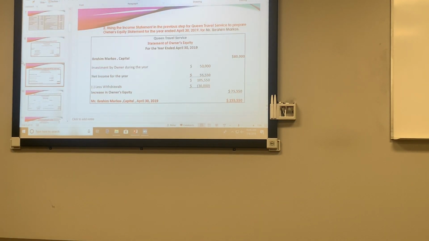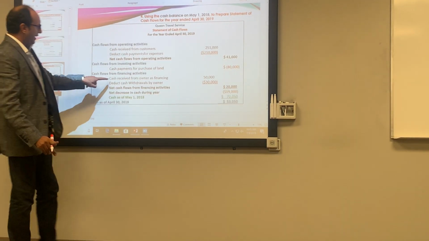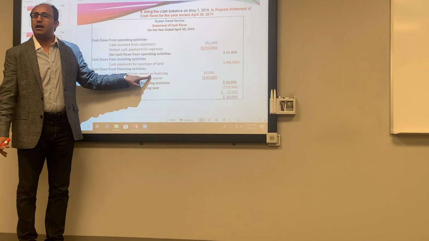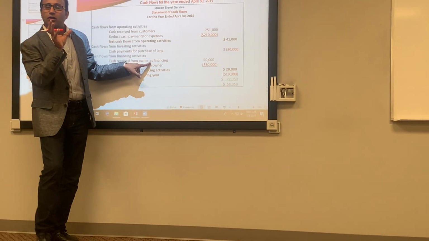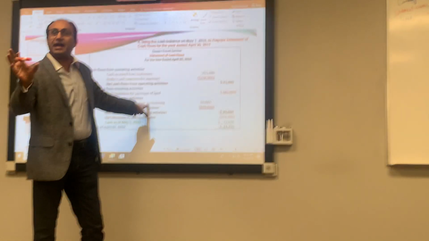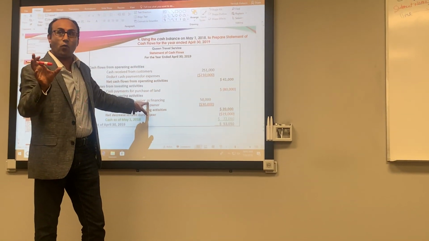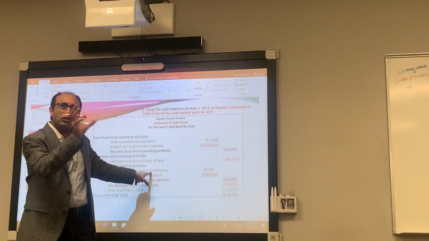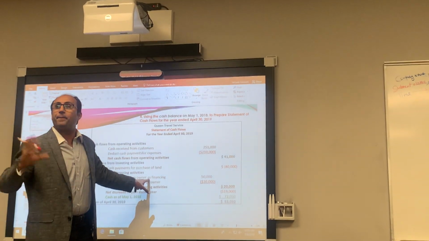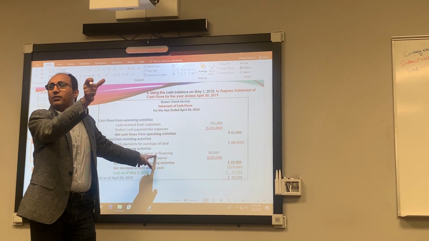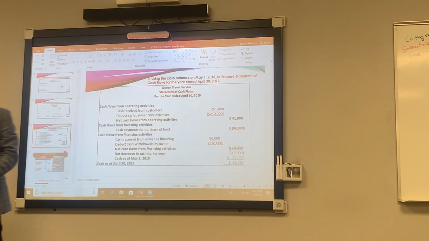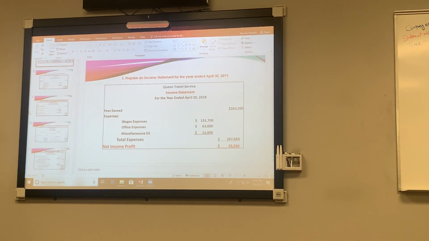The last one. Well, see here, cash received from the owner. And as I told you, pay attention when I give you the data or information about the owner. You will use this data to prepare cash flow or to prepare owner equity. If you go back here, you see the difference.